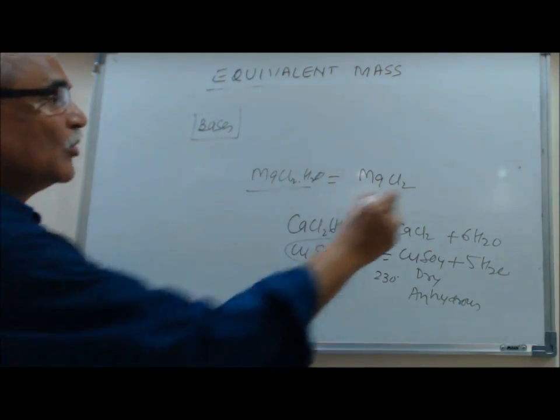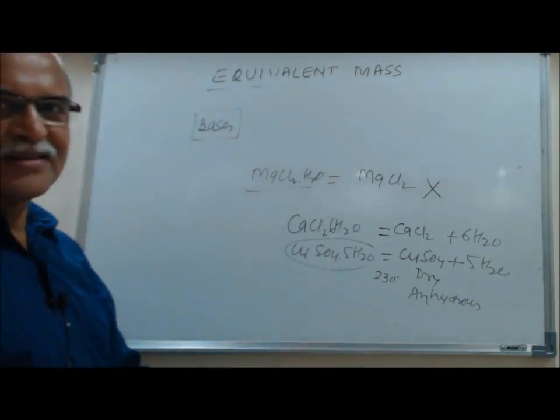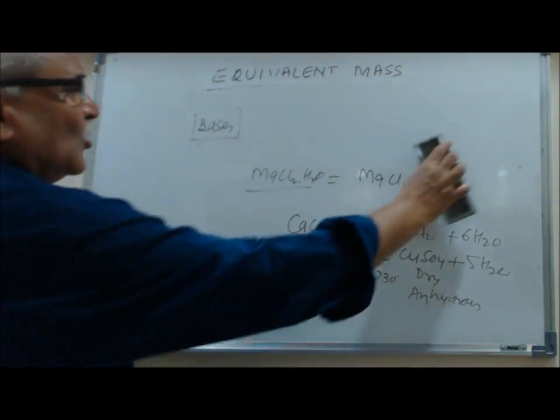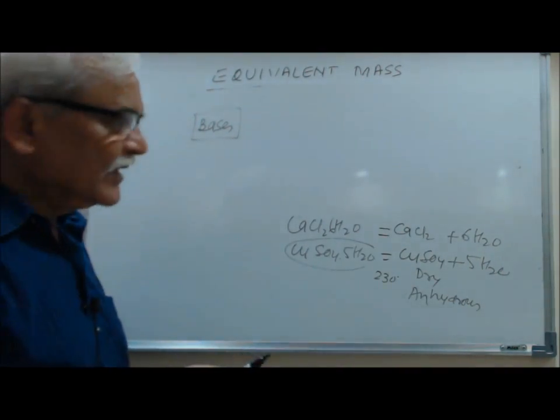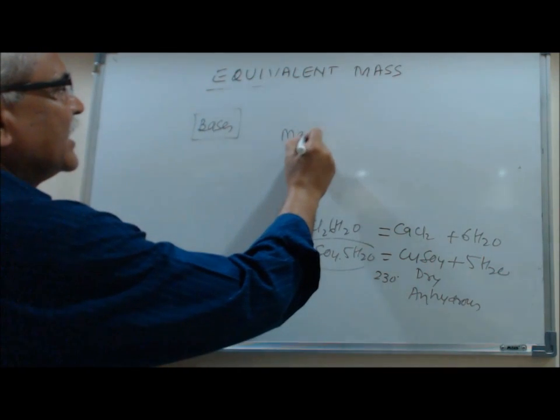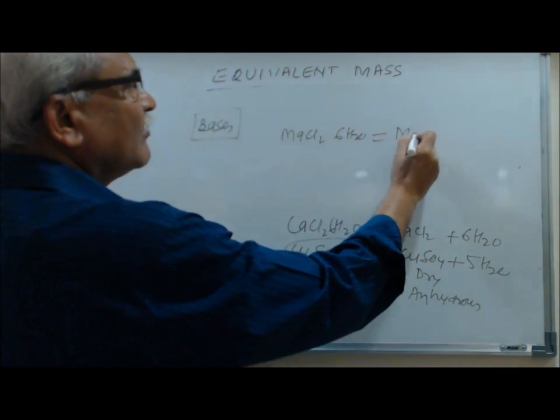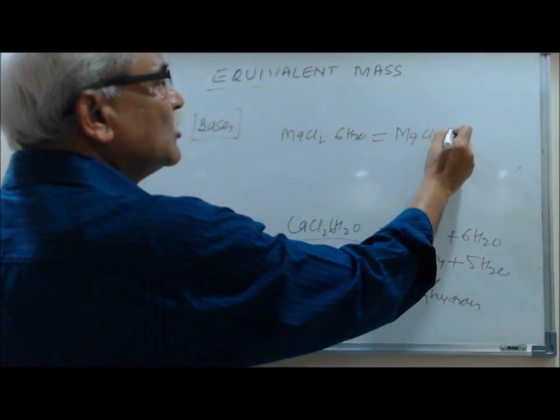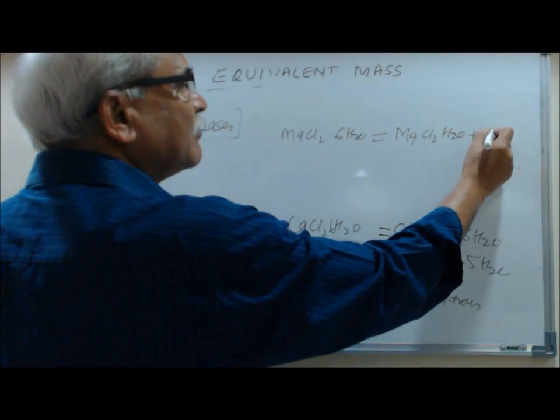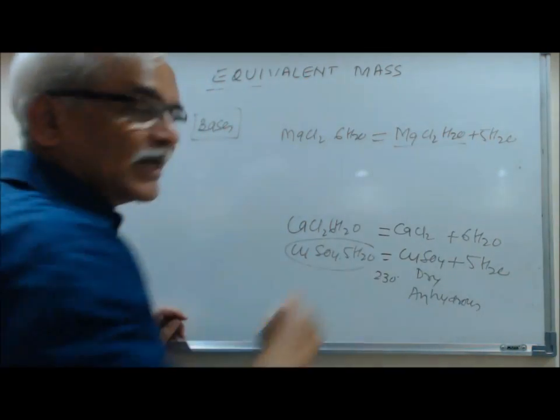Why? Unlike the others. The answer is that magnesium chloride contains 6 molecules of water. When you heat very hard, 5 molecules leave the main sample, but 1 still remains there.